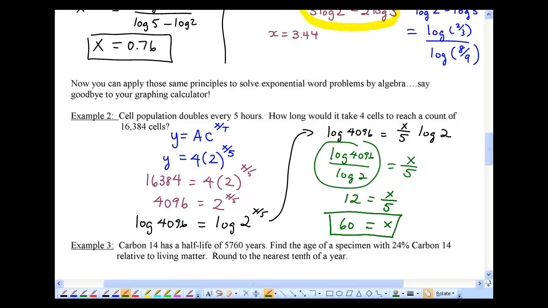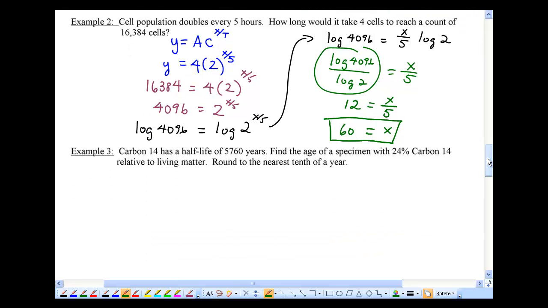All right, so I'd like you to try example number 3 now. Something similar to what we've done before, you bet, because it's half-life again. The hardest part usually with these questions is once again setting up the equation. But I've given you that general format. I like this y equals a c to the power of x over t.